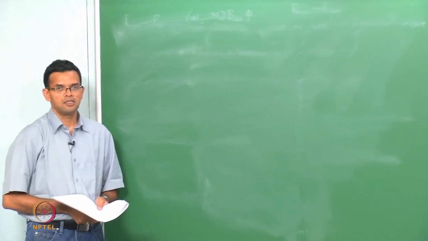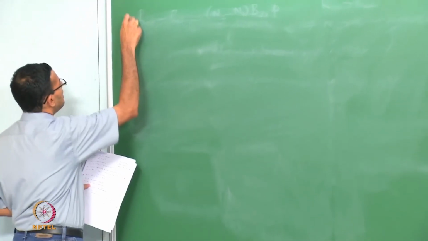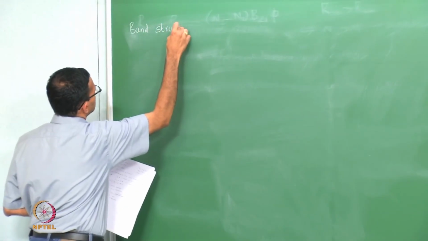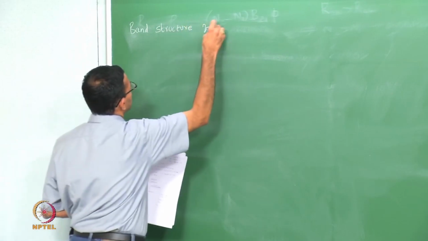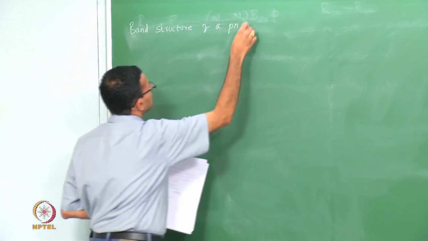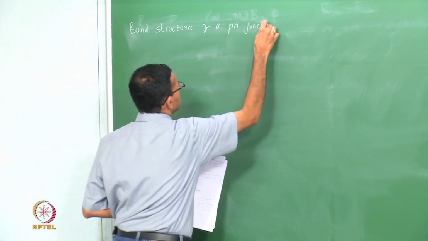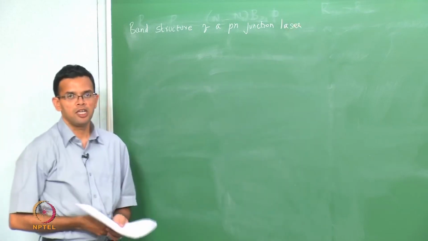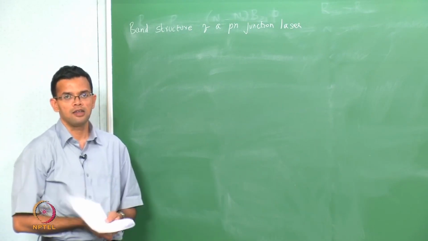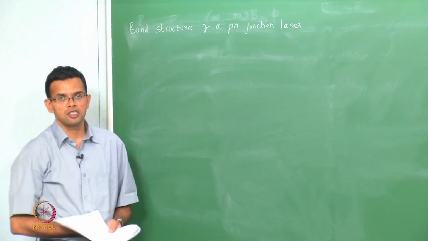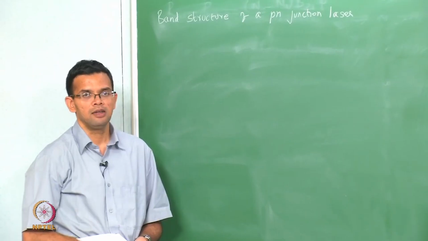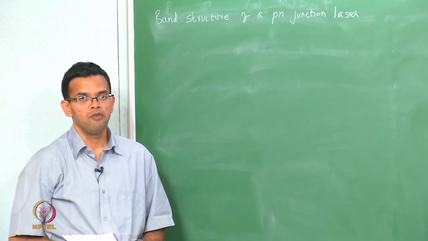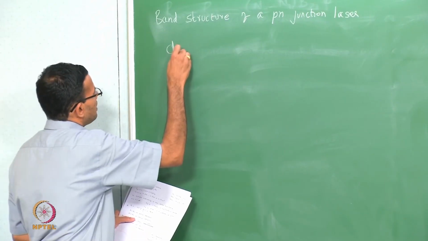So, consider the band structure of a simple p-n junction laser. We want to achieve population inversion. So, we want excess carriers or excess electrons in the conduction band and excess holes in the valence band. So, we start with heavily doped p and n type materials, and we usually use degenerate semiconductors.